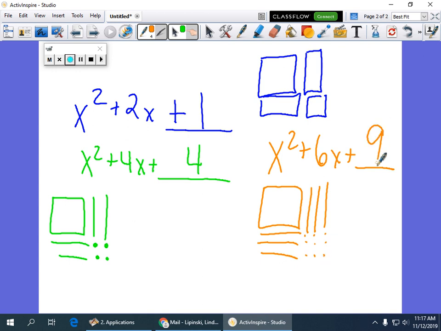9. Okay? Who wants to take a guess for x squared plus 8x? What's going to come after that? Yes, 16. Does anyone notice a pattern? So we have x squared plus 8x plus 16. We kind of worked with this pattern in the last process. You divide the 8 by 2.